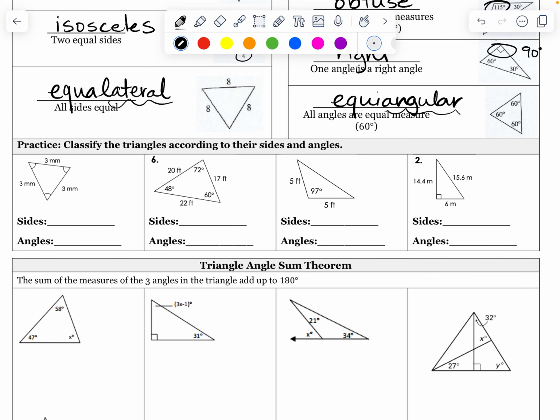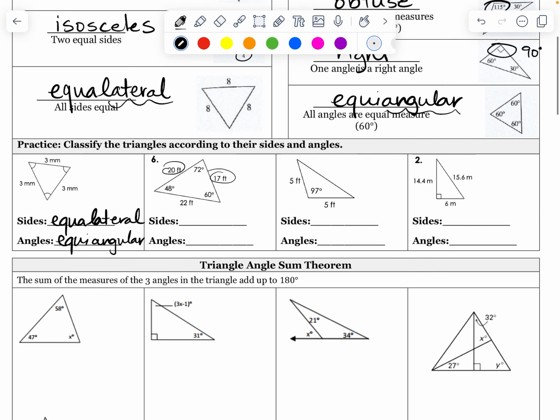3 equal sides, 3 equal angles. So that is equilateral and equiangular. The sides are all 3 different sides, so that's scalene. And 3 different small, so it's acute. 2 equal sides, so that's isosceles.